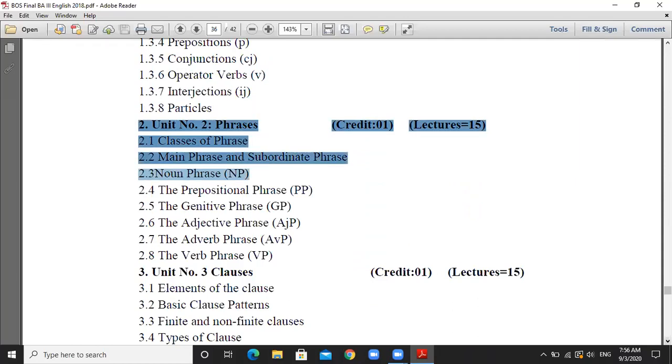We are going to study noun phrase, prepositional phrase, genitive phrase, adjective phrase, adverb phrase and verb phrase. So these are the types of phrases we are going to study. How will we study these types of phrases? We will study the form and function of these phrases. Form again refers to the structure of linguistic element, and function also we are going to study in this particular unit.